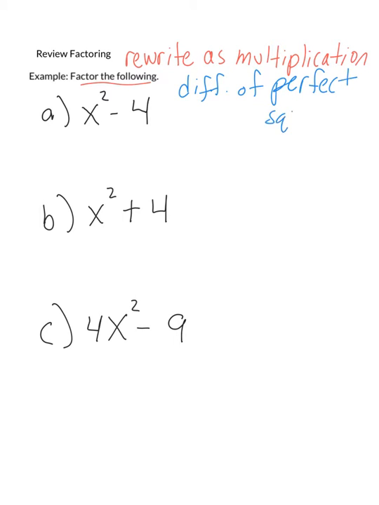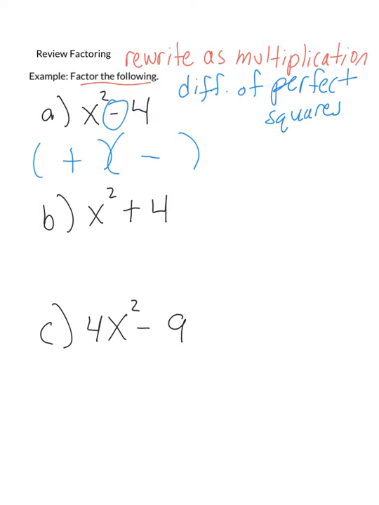And the pattern is going to be the following. So go ahead and write two blank sets of parentheses. Remember, we're factoring, so we're going to rewrite this in a multiplication format. And to get a negative, it must be that they took a positive times a negative. So whenever you're factoring the difference of perfect squares, you'll have one plus and one minus every time.